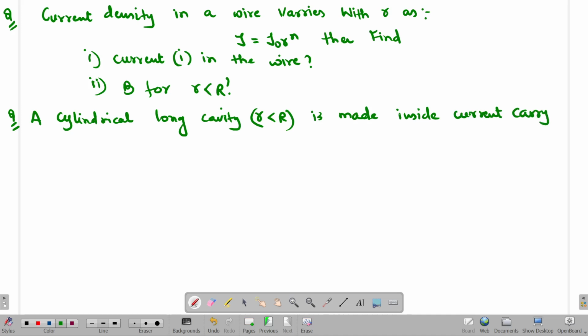Current carrying, not solid cylinder, you write, current carrying solid cylinder.